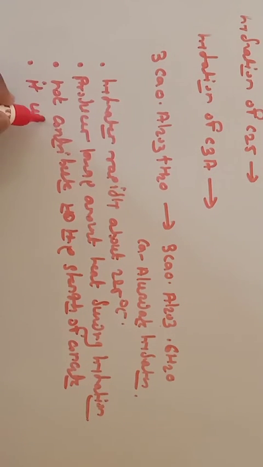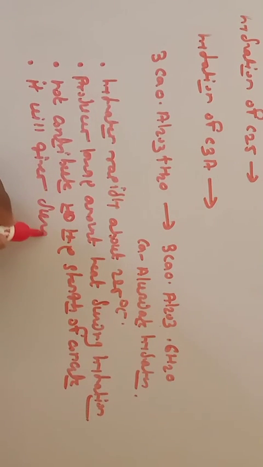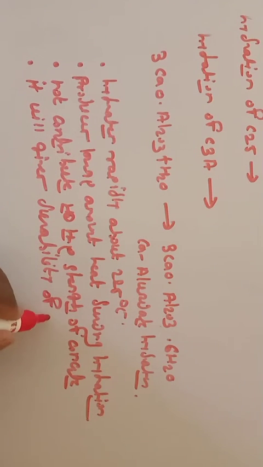It will give durability to the concrete, because there is no formation of calcium hydroxide. We already discussed that the lack of durability of concrete is due to the presence of calcium hydroxide.